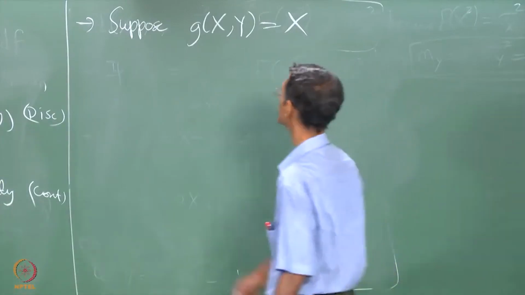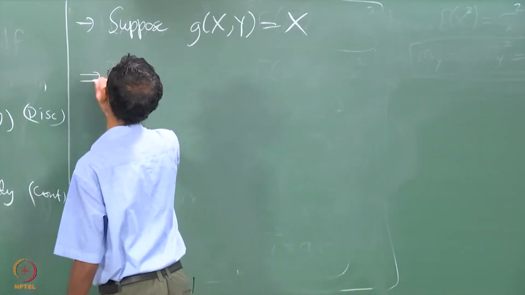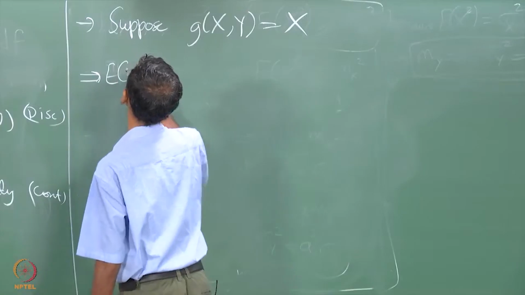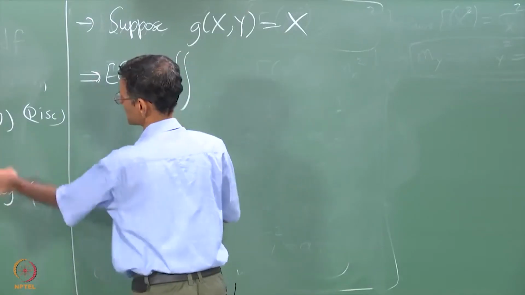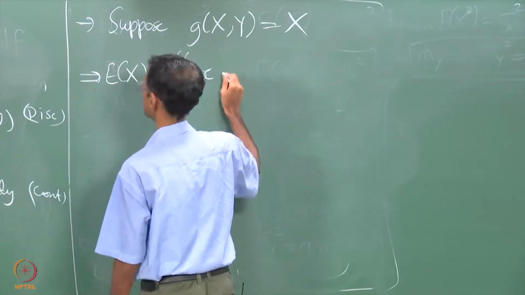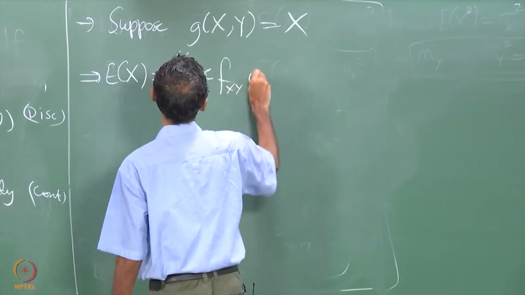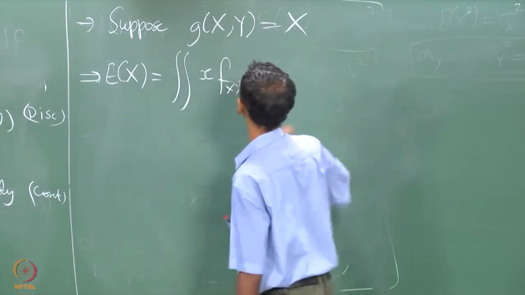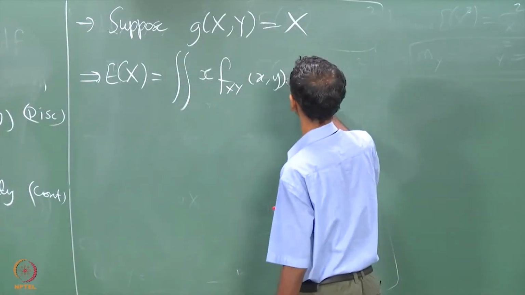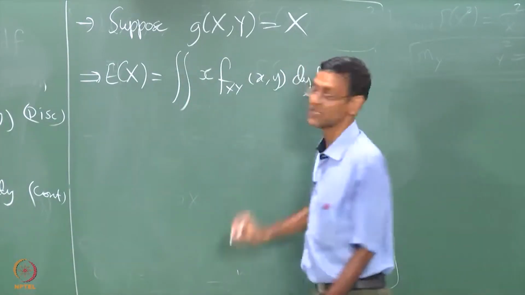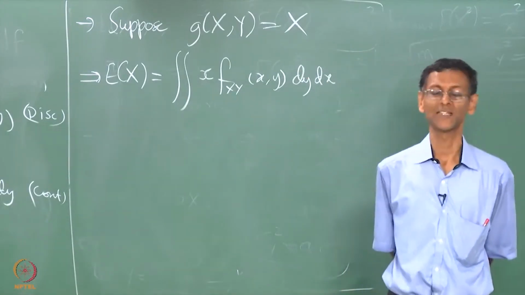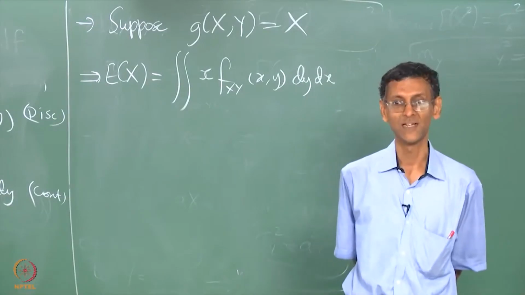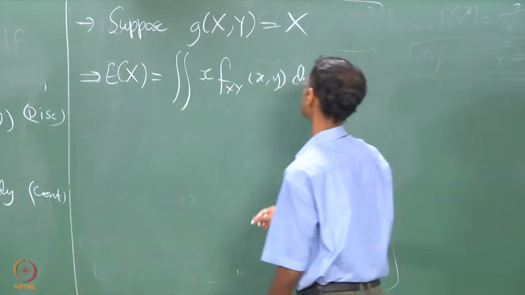Why? Because if I do this, for example, let us say I take the continuous case. Now let us say I write this as dy dx, not as dx dy. Say that there is a nefarious reason for writing it as dy dx. Why? Because I want to integrate over y first and then over x.